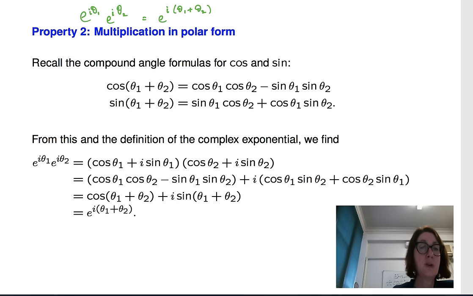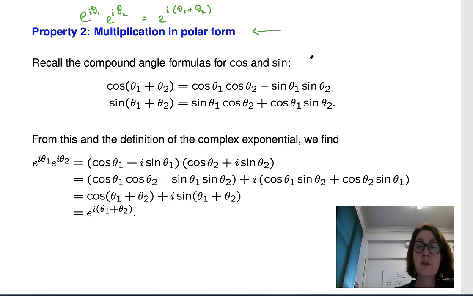Okay, so what we're going to do now is try and prove property 2. Multiplying the complex exponentials together means add the arguments.